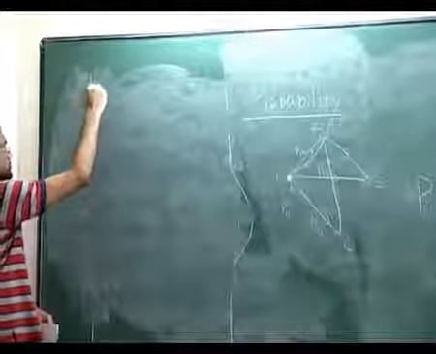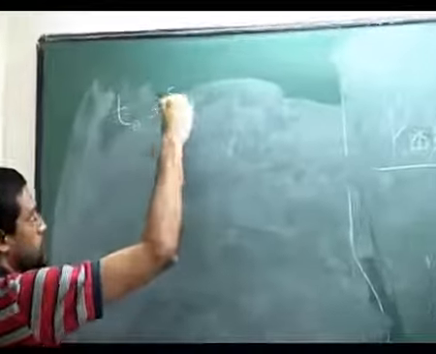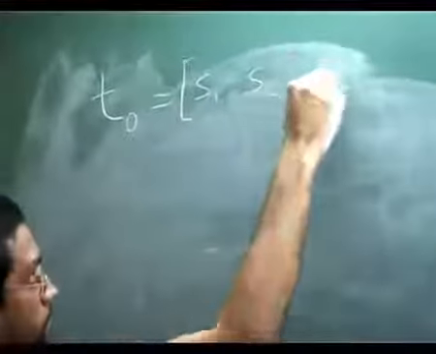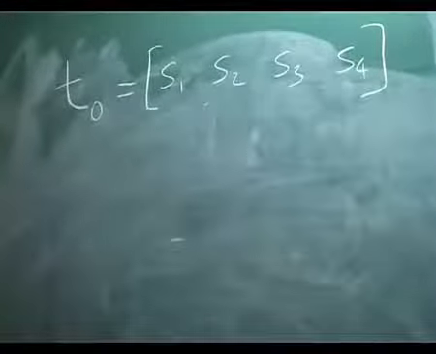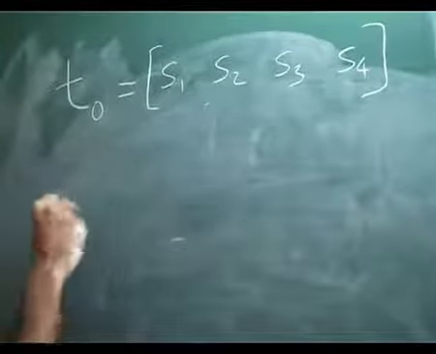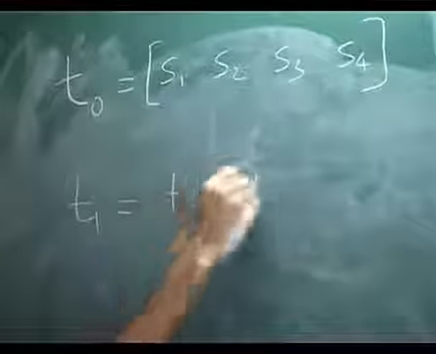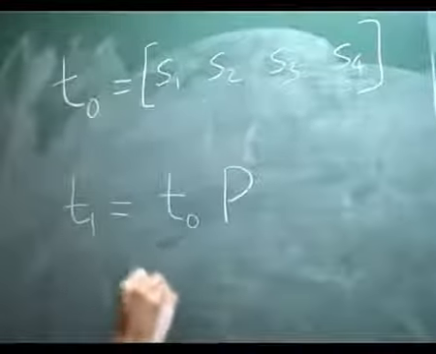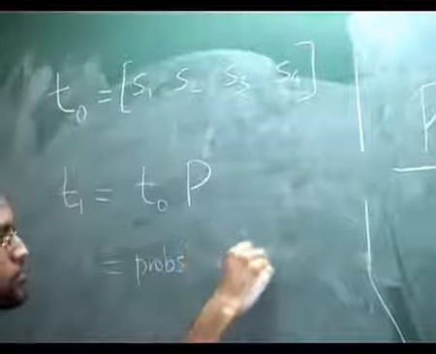So let's say T0 is the vector of starting probabilities, S1, S2, S3, S4. These are the probabilities at time t equal to 0. Now what are the probabilities of being at each vertex at time t equal to 1? It is T1, which is, as we just said, T0 times P. So these are basically the probabilities of being at each vertex at time t equal to 1.